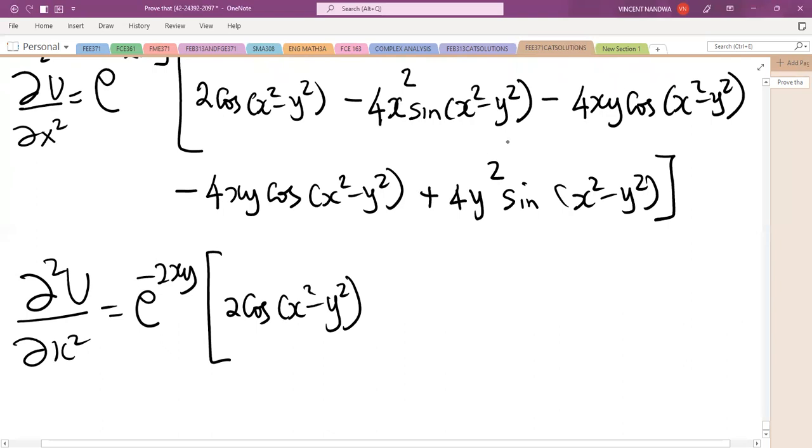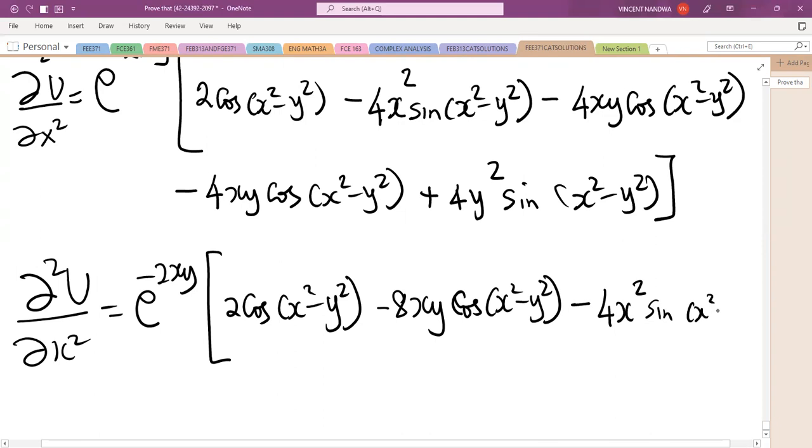Now, say this and this will have minus 8xy cosine of x squared minus y squared, and then minus 4x squared sine of x squared minus y squared, and then plus 4y squared sine of x squared minus y squared.